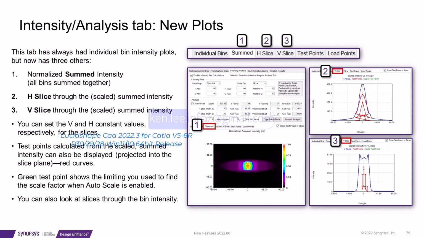Number 3, V-slice, through the scaled summed intensity. You can set the V and H constant values, respectively, for the slices. Test points calculated from the scaled summed intensity can also be displayed, projected into the slice plane as red curves.